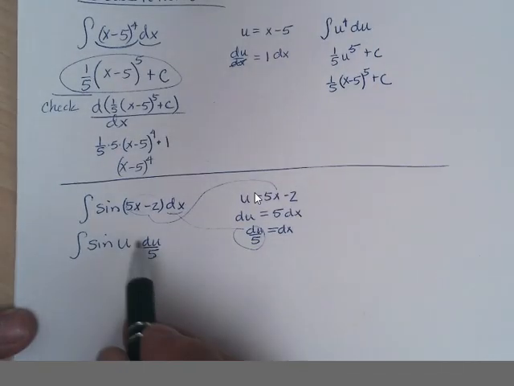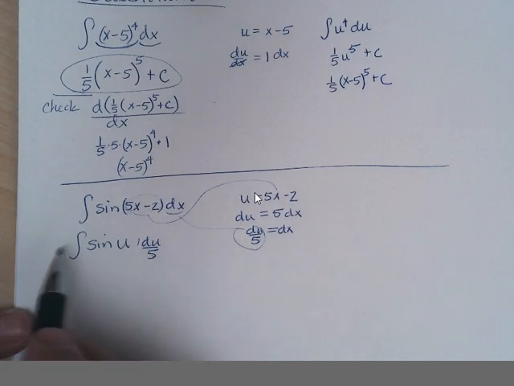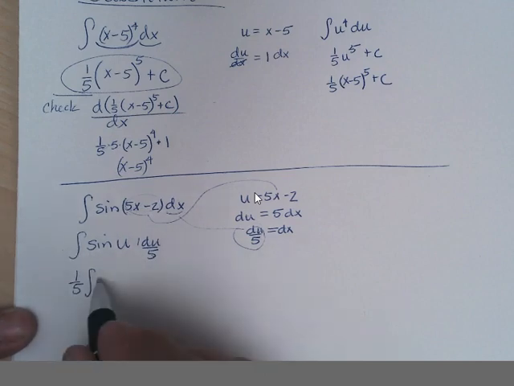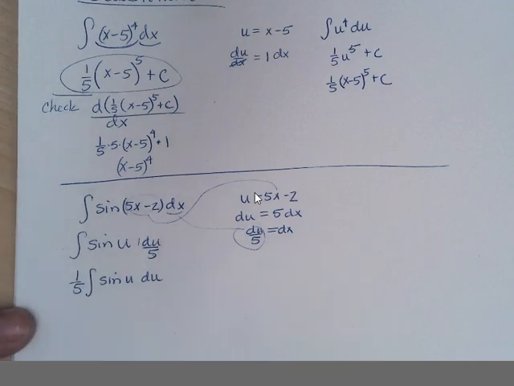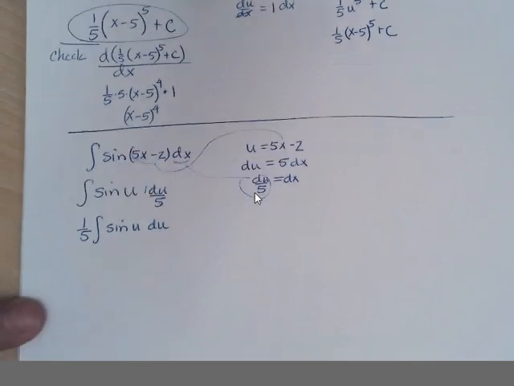Well, over 5 is like 1/5, so I can pull out the 1/5, because constants pull out of integrals, and I have sine of u du, and I think I know the integral of sine of u.